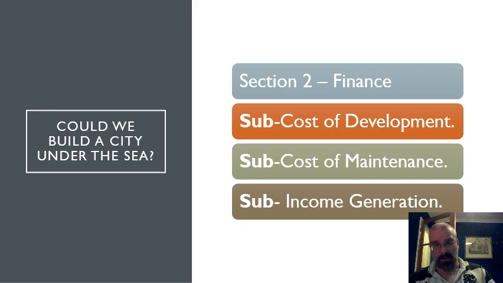And what you might find, and a more sophisticated EPQ might start to point out, is that two of these three are impossible. So it's too expensive to develop and too expensive to maintain.